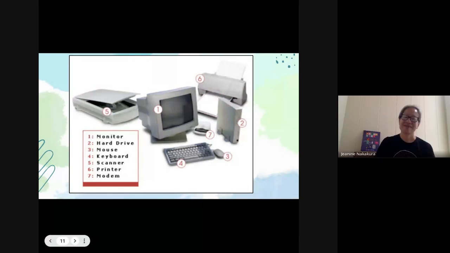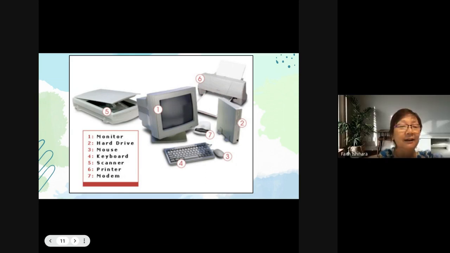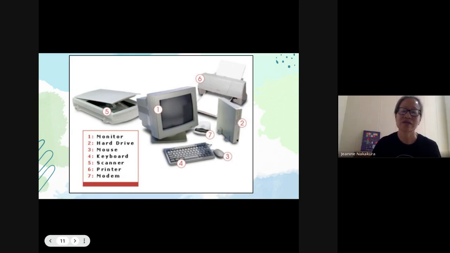Not really. Anybody want to venture a guess as to which one of these 1, 2, 3, 4, 5, 6, 7 could be input and output? And today any of these could be both, depending on how it's wired up.